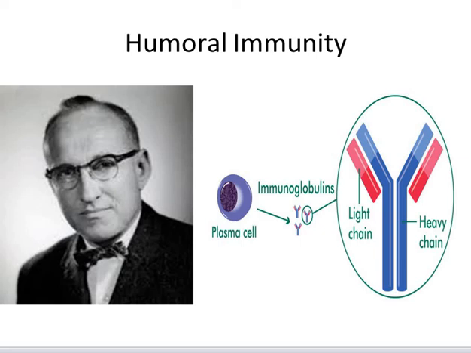For example, emergency use of immune serum containing antibodies against snake or scorpion venoms is a common practice for treating bite victims. This form of immune protection that is transferred between individuals is called passive immunity because the individual receiving it did not make his or her own immune response against the pathogen.